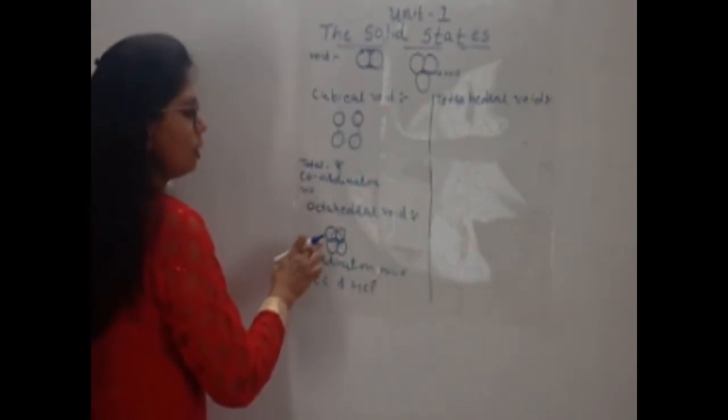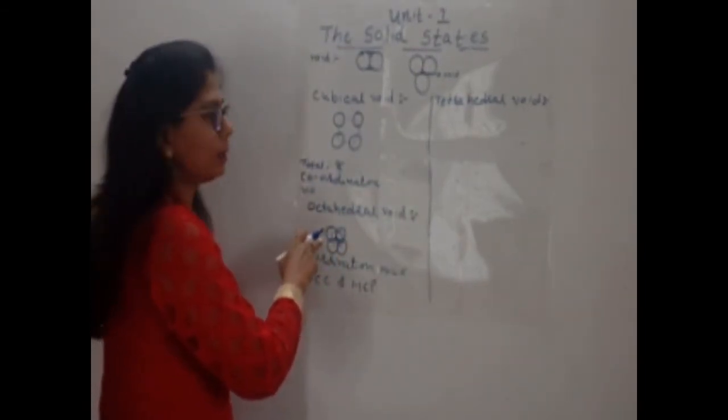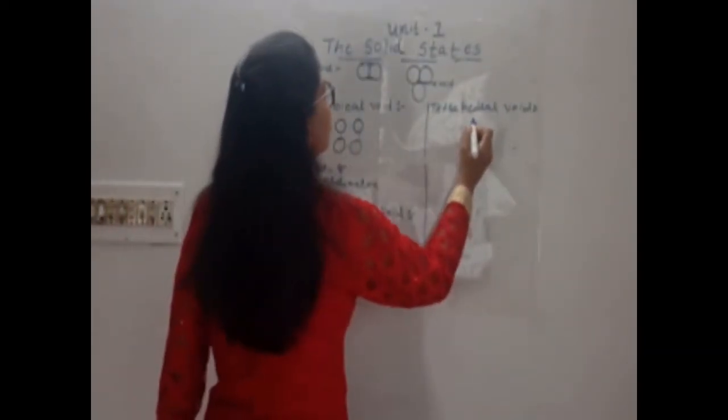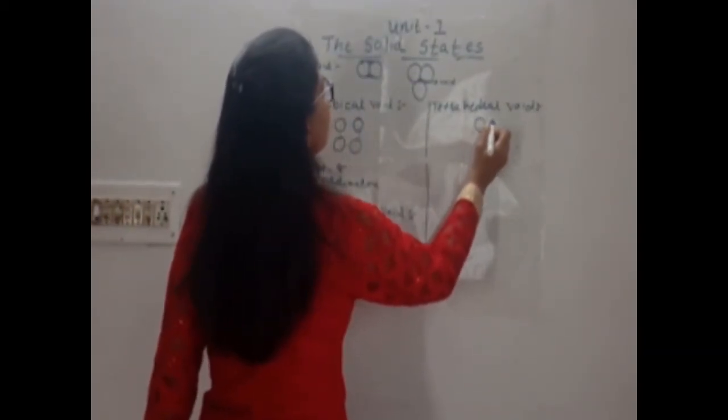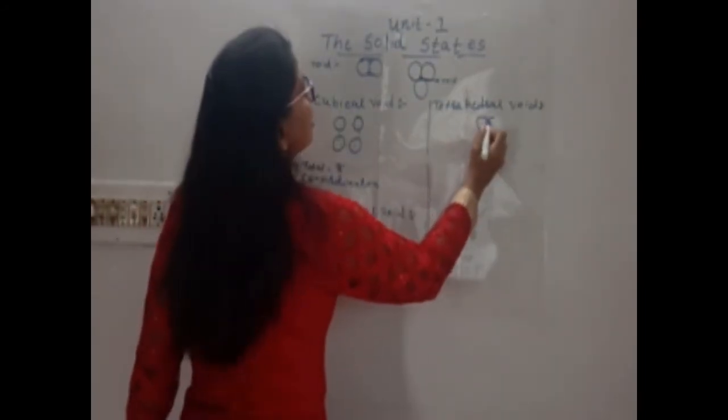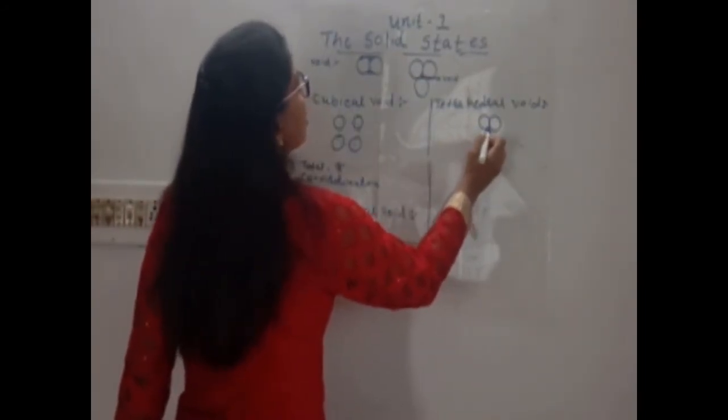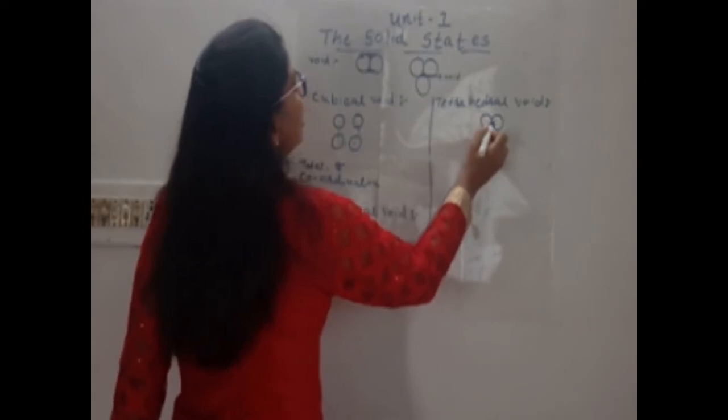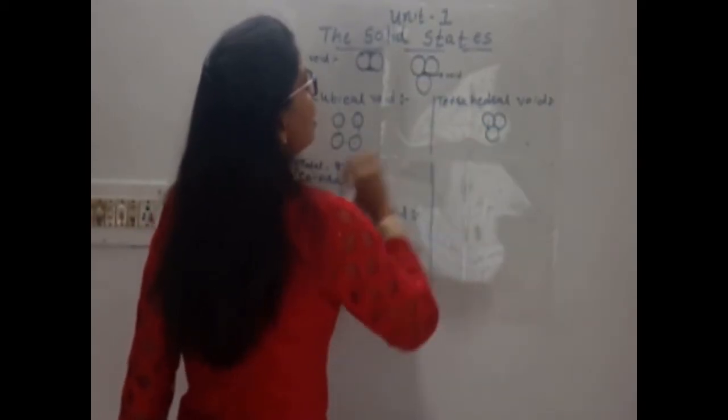Here we took 4 spheres which are nearer to each other. In the tetrahedral void, only one void is covered. I have covered from the top side, that is the tetrahedral void arrangement.